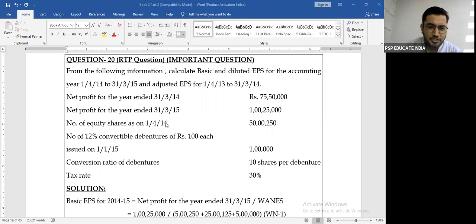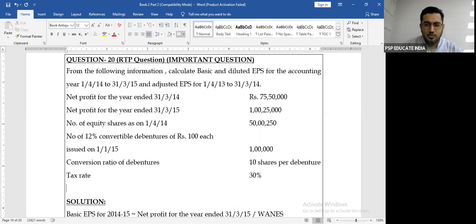Okay, conversion ratio of debentures is 10 shares per debenture. Your tax rate in the question is 30%. Add one more statement. There is one statement missing. Add the statement that I am writing over here.